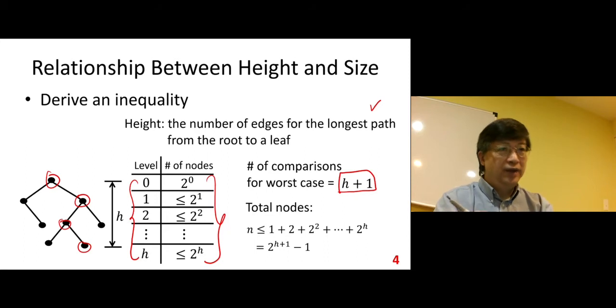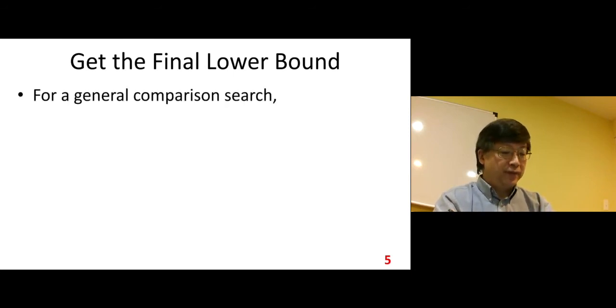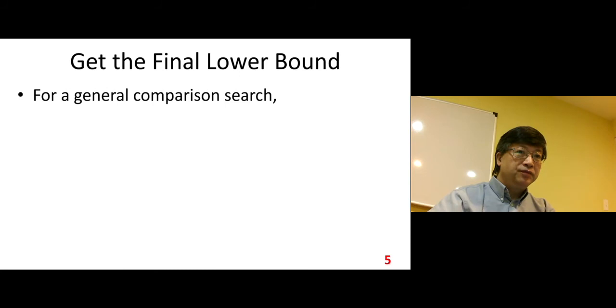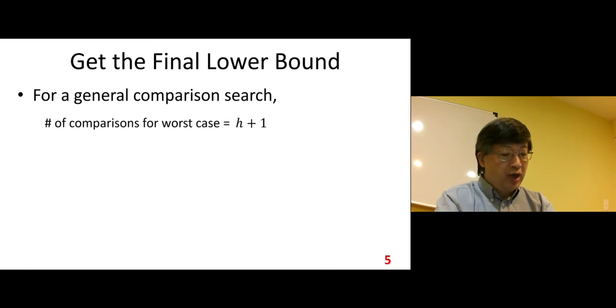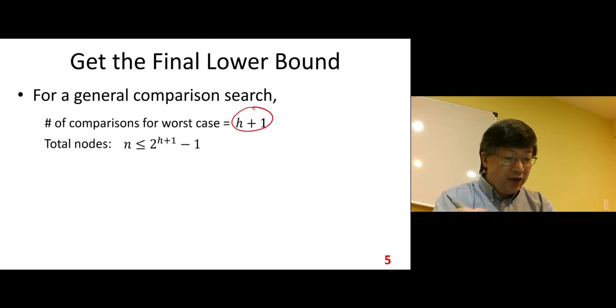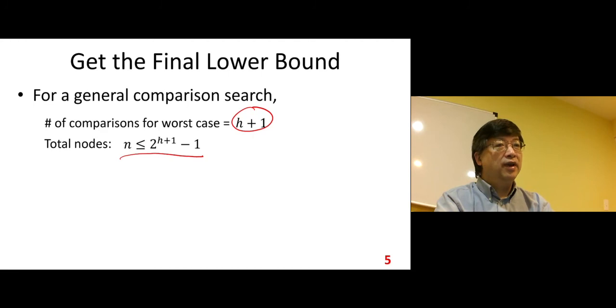From this inequality you can get the lower bound easily. So for this general comparison search, we have this inequality for the number of comparisons in the worst case.